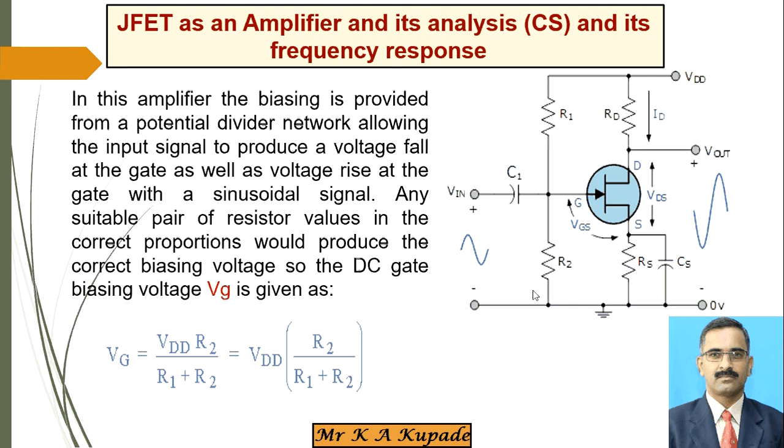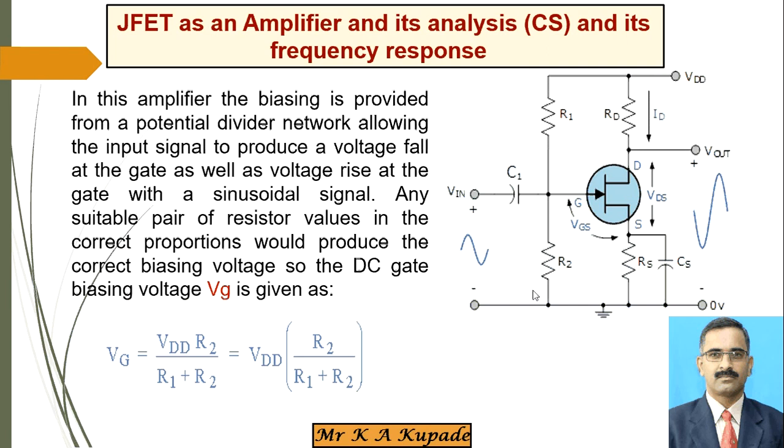That is the main consideration. The VG voltage developed by the potential divider is given by the equation VG equals VDD times R2 divided by R1 plus R2.